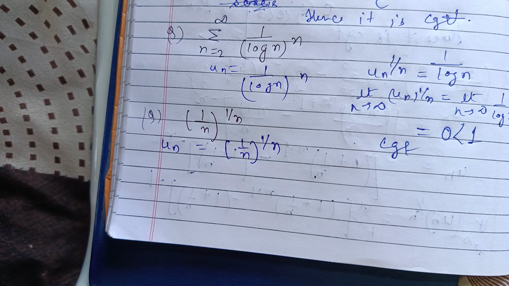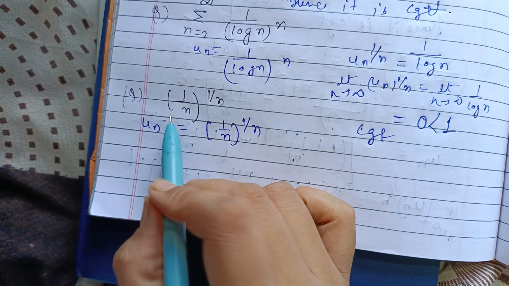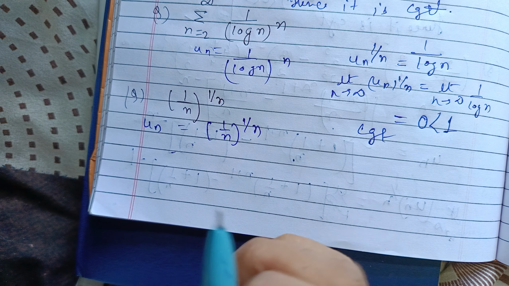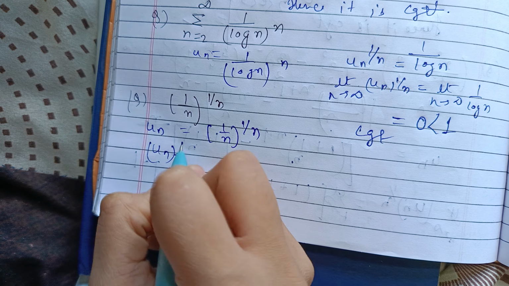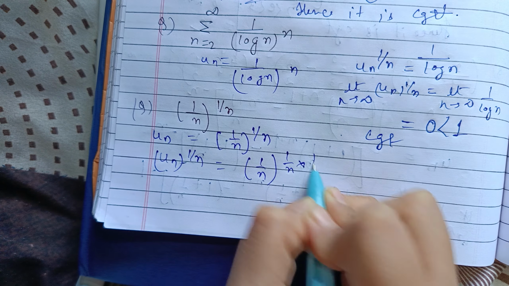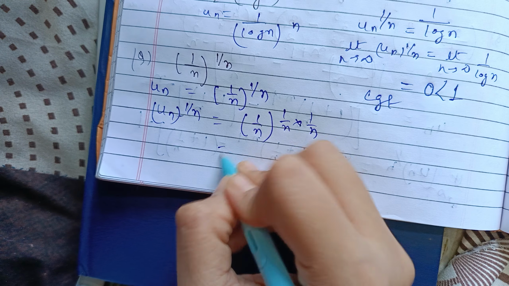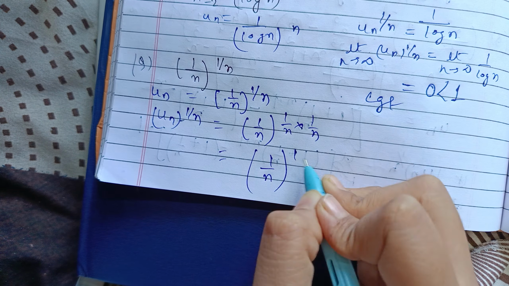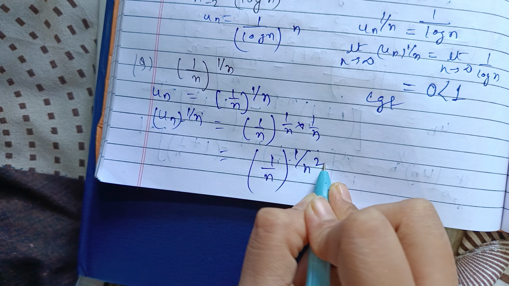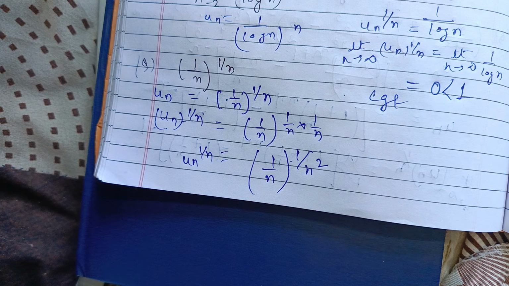I'm sorry. So I have to put 1 upon n into 1 upon n. This will become 1 upon n square. So 1 upon n to the power 1 upon n square, un to the power 1 upon n.